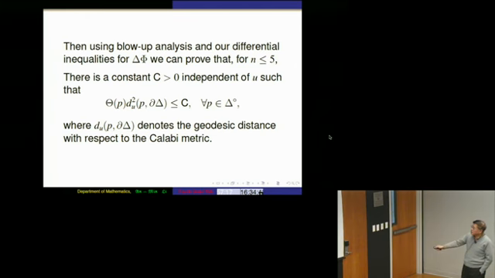There is some constant C independent of U such that the following holds, where theta times d squared is bounded by some constant, where d_U means the geodesic distance from P to the boundary. So from this estimate, we know the behavior near the boundary and can derive the interior estimate also.